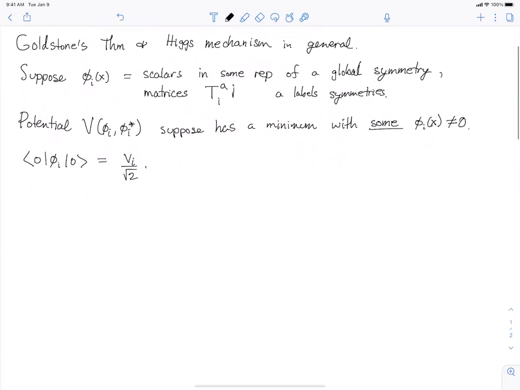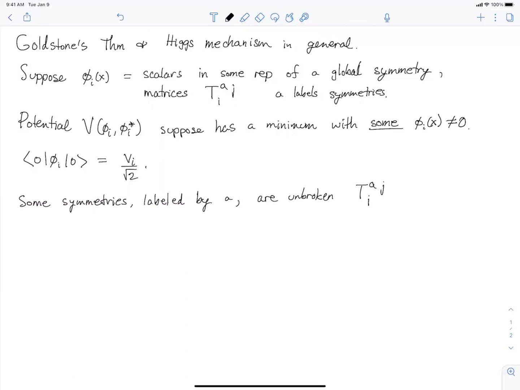So in that situation, some of the symmetries are going to be broken and some are going to be unbroken. Some symmetries, labeled again by a, the index a running over the list of the possible symmetries, are unbroken. And the way you know that it's unbroken is if you take the matrix T^a and you act on the vector in field space of possible VEVs.